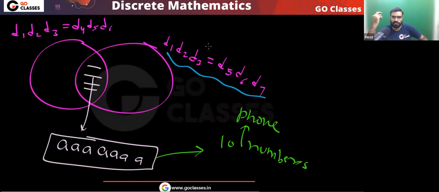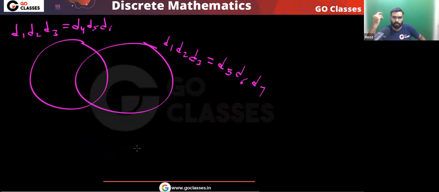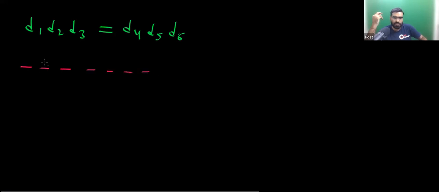Okay. What will be the answer for this one? How many phone numbers are there where D1, D2, D3 is same as D4, D5, D6? You want a total of 7 digits. These must be the same. Remember, whatever I put here, do I have any choice?